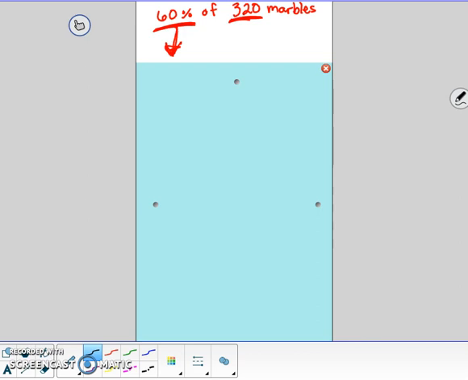The whole. So we have 60 out of 100 for the 60% equals, the part is the unknown, but we do know the whole, which is 320. Go ahead and pause the video and see if you can cross multiply and divide.